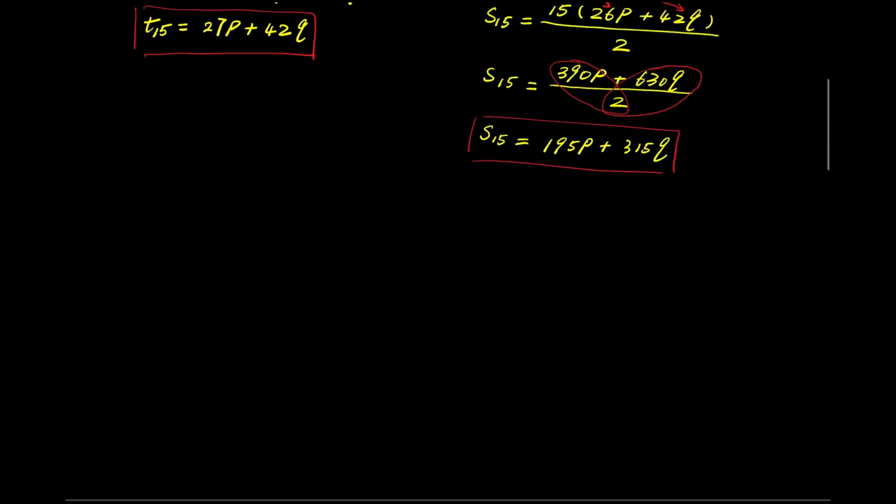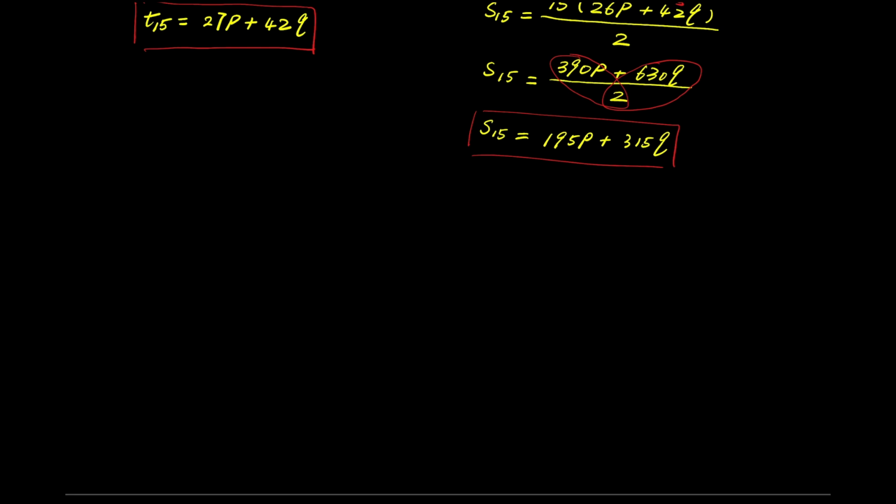You can also use the other formula to solve for Sn. Sn equals n times (the first term, t1, plus the last term, which is tn), then divided by 2.